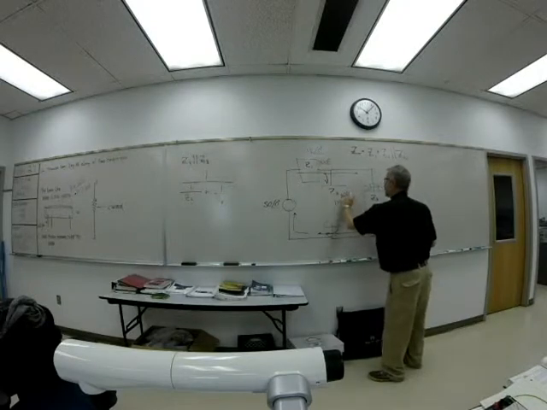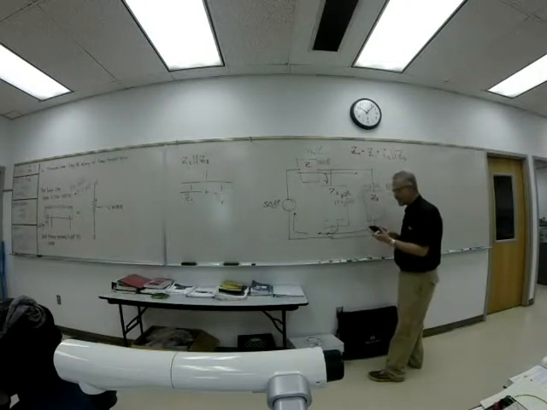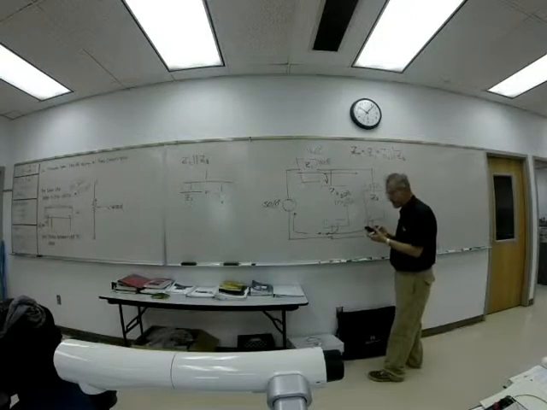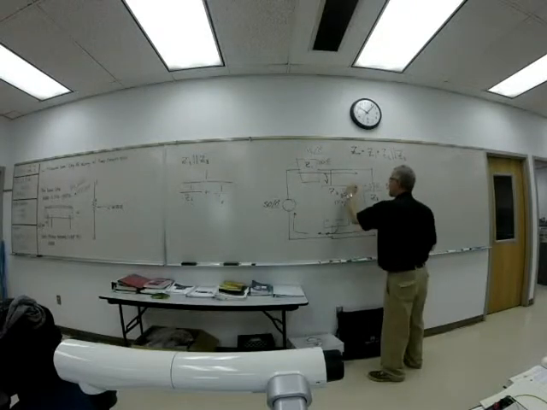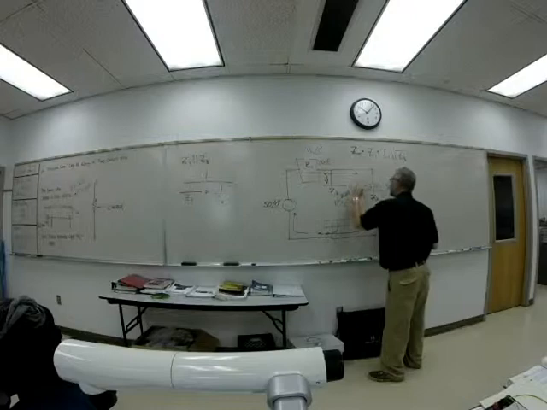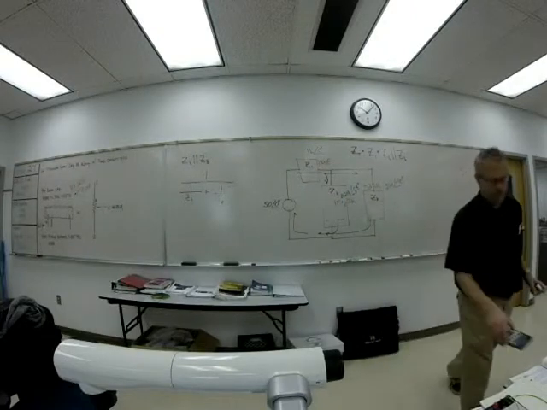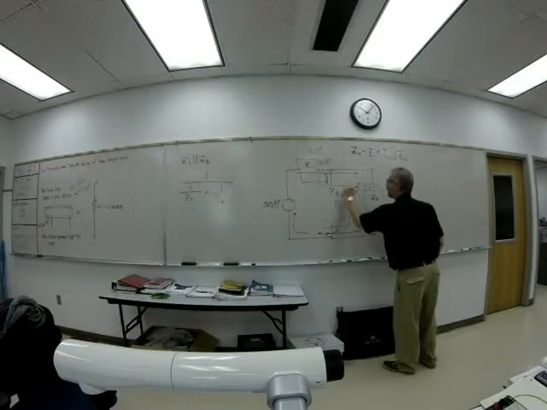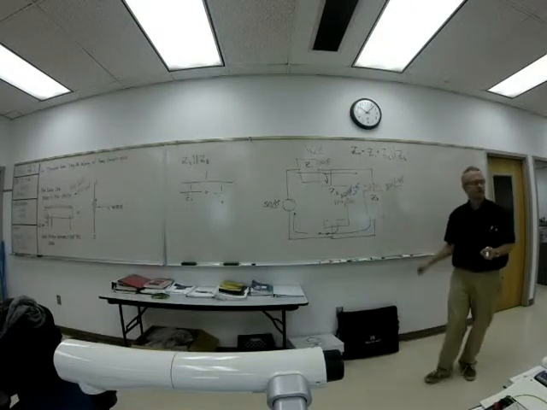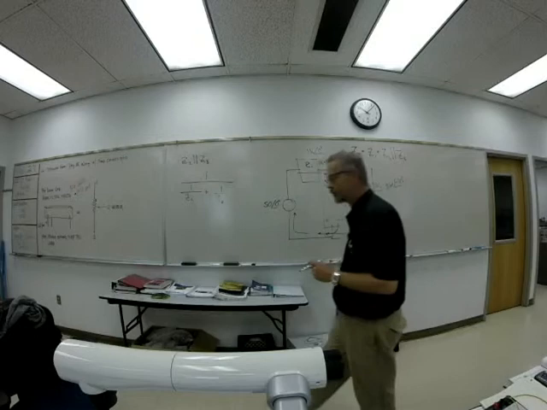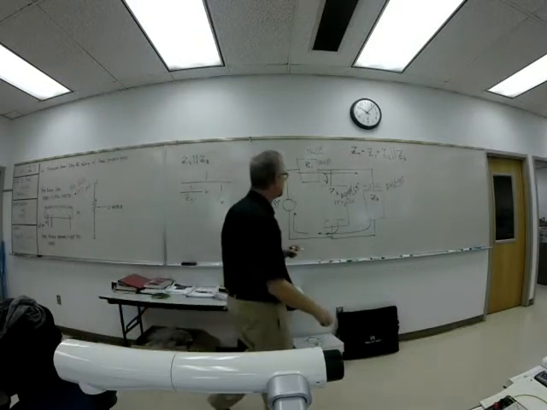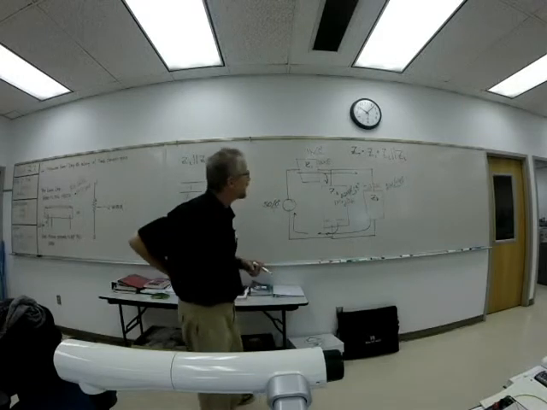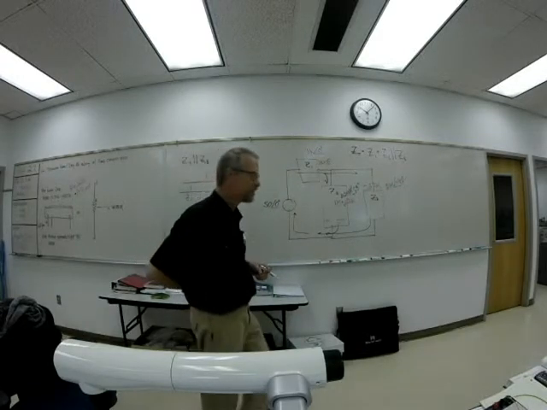Actually, we'll make it 2.24 just to be accurate, and then we end up with an angle of 63 degrees. And now we put back the K. I don't like working with the big numbers. If I can make it simpler, I'm going to do that. That's what engineers and technicians do.